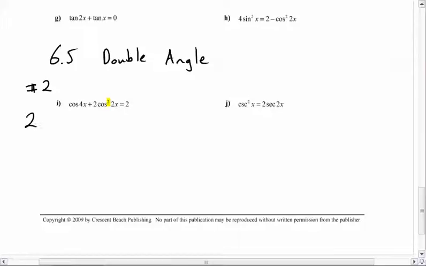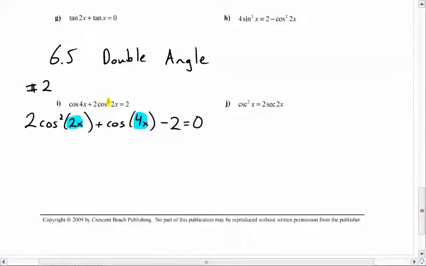So I'm going to write this as 2 cosine squared 2x plus cosine 4x minus 2 equals 0. So it's starting to look like a quadratic. But there's a bit of a problem with this question. And the problem is that inside the first one we have 2x. Inside the second one we've got 4x. These don't quite match up.